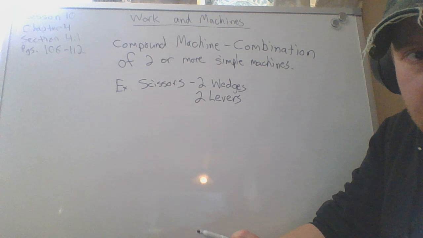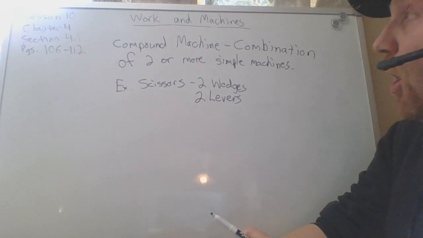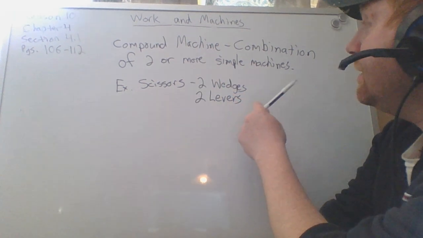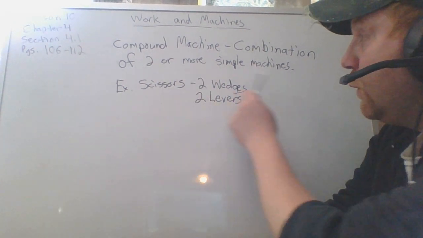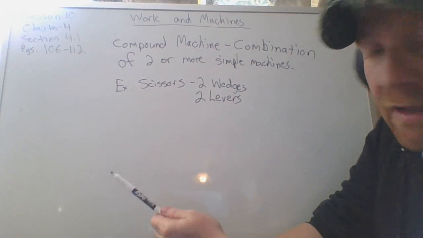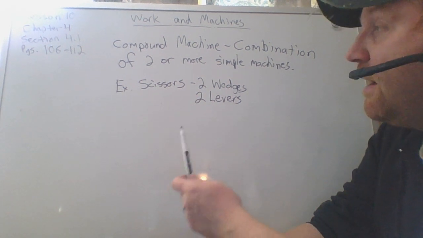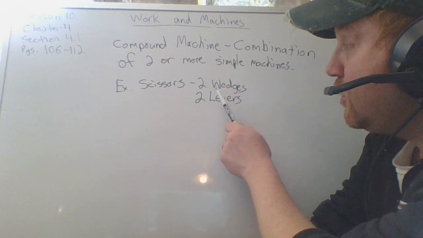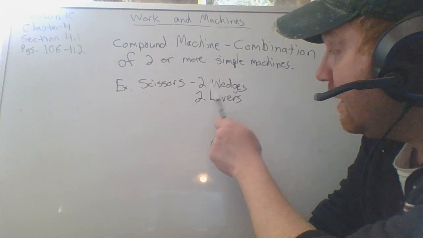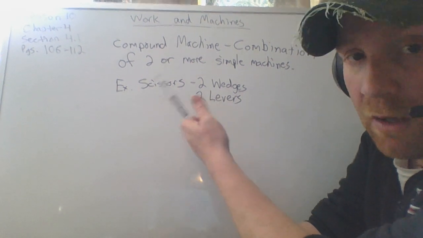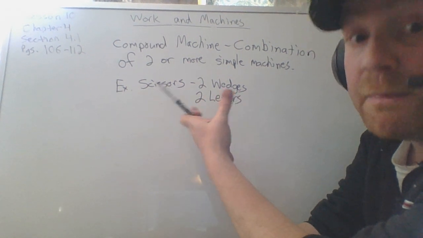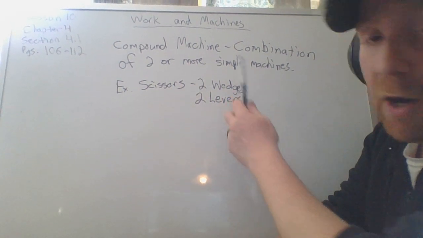In addition to simple machines, we also have compound machines. Your textbook defines a compound machine as a combination of two or more of the simple machines that we previously defined. For example, a pair of scissors combines two wedges, which is a simple machine, as well as two levers, also a simple machine. Put them together in the same machine, and we have a compound machine.